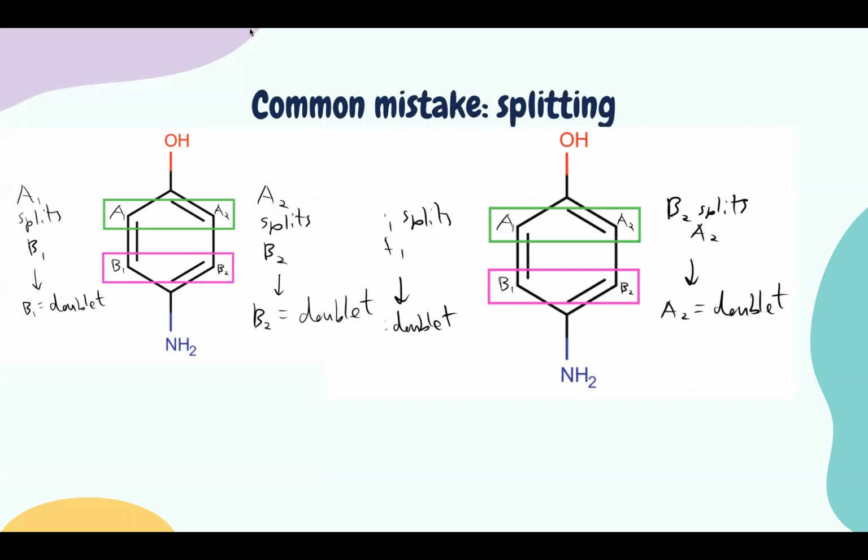But here the A protons, even though they're on opposite sides of the benzene ring, are one signal and the B protons are another signal, but they're each doublets. Does anyone have any more questions about this before we move on to chemical shift?